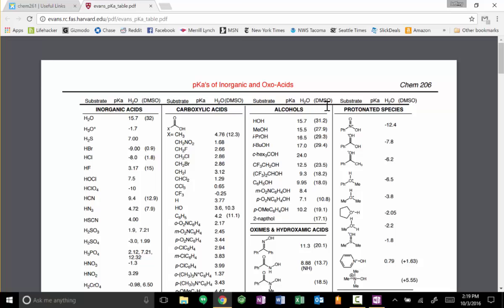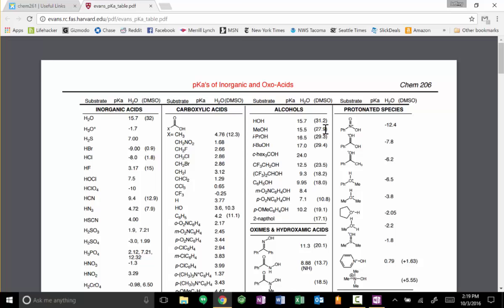It's abbreviated as DMSO, and those are the values in the brackets. So if you're in a situation where you can't find values in water, you may see this. You only want to compare the pKa values in DMSO to other pKa values in DMSO. And same thing with water. You don't want to compare something that's got a value in water to something that's got a value in DMSO. That's apples and oranges at that point.